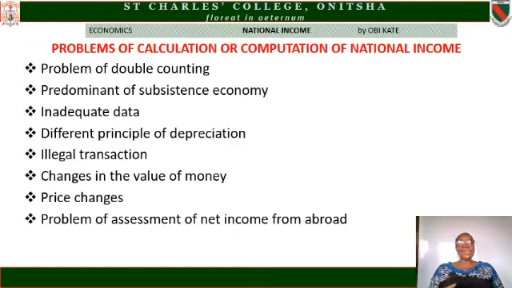Then illegal transactions. There are some transactions which people do, and through those illegal transactions, they earn income. But people may find it difficult to present it for public consumption.